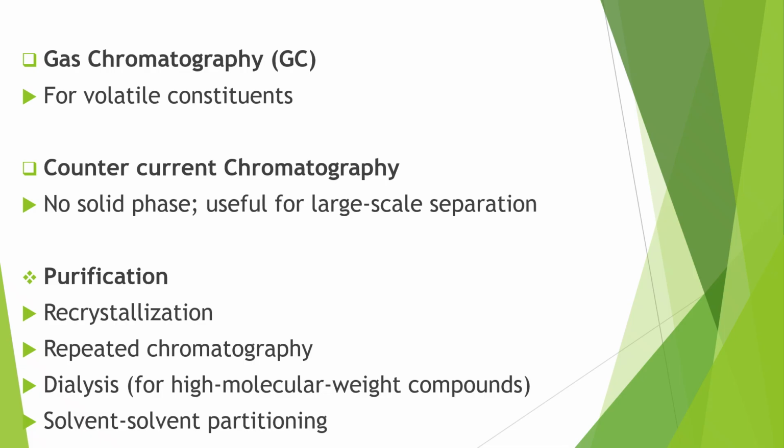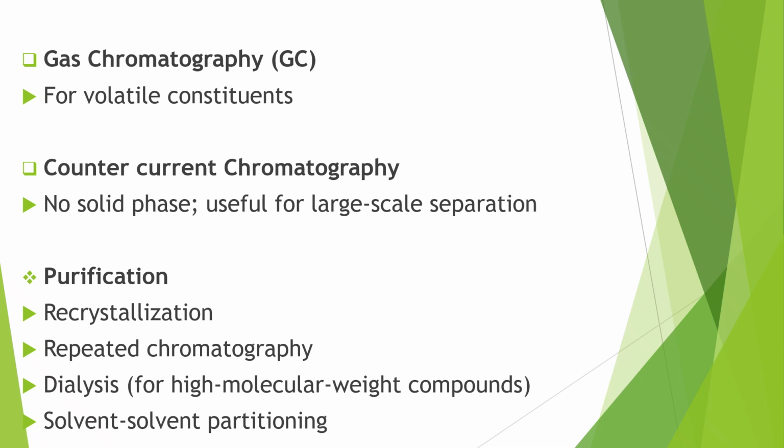Gas chromatography, known as GC, is useful for volatile constituents. In countercurrent chromatography, there are no solid phases, and it is very useful for large scale separations.